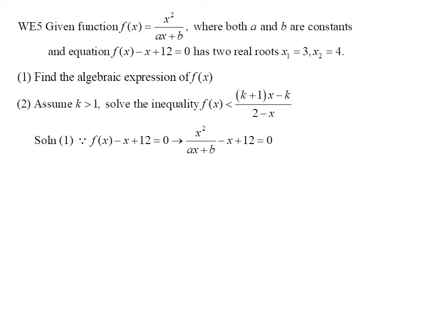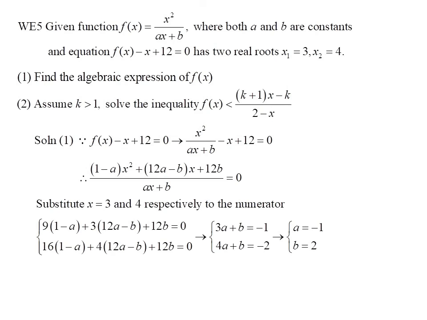To find the algebraic expression of f(x), we need to find the constants a and b. So we substitute f(x) into the equation and then simplify all the terms by combining them into one fraction. Since the fraction is 0, its numerator equals 0. Hence, we substitute 3 and 4 into the equation respectively, and then establish two simultaneous equations.